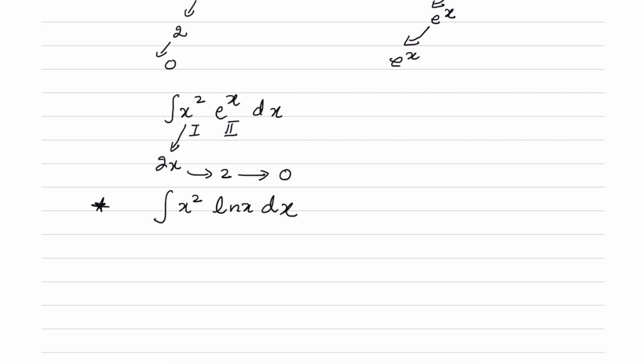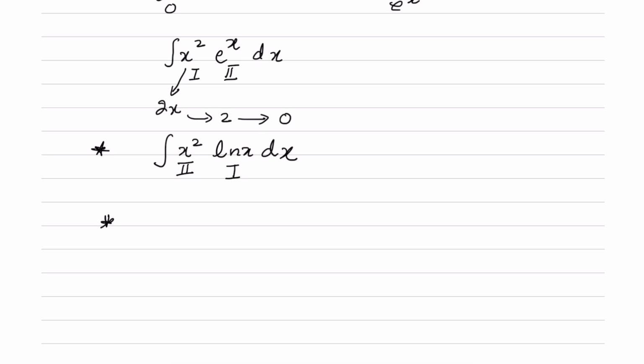But remember, whenever natural log or ln x is part of your integral, without thinking much, you call ln x the first function. Whatever function we call the first function, its derivative is something you should know. Do you know the derivative of ln x? Yes, it is 1 over x. So whenever ln x is part of the integral, without looking at the second function, you always call ln x the first function. Then you have no choice but to call x square the second function.